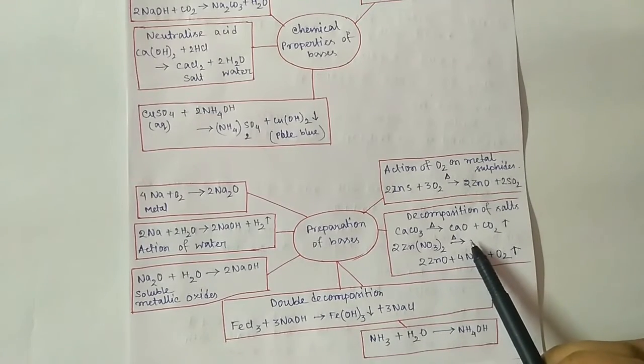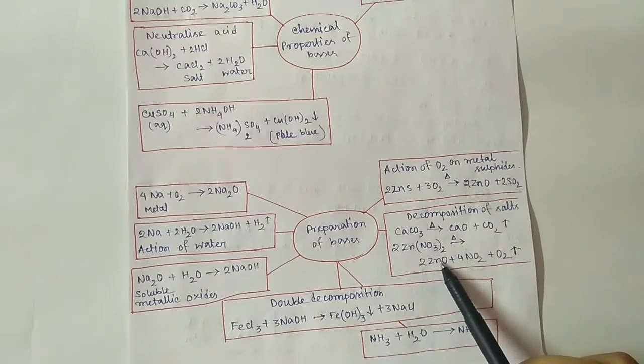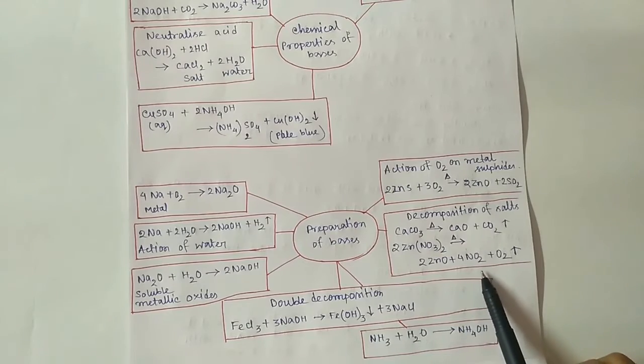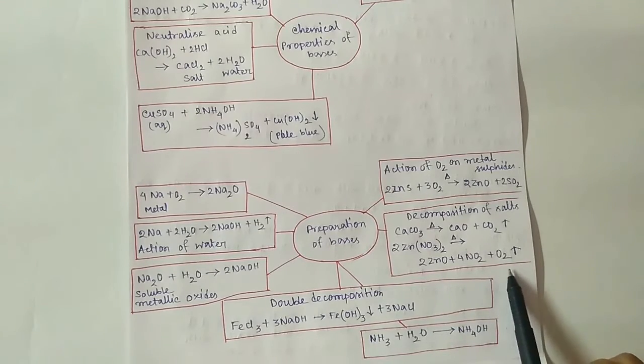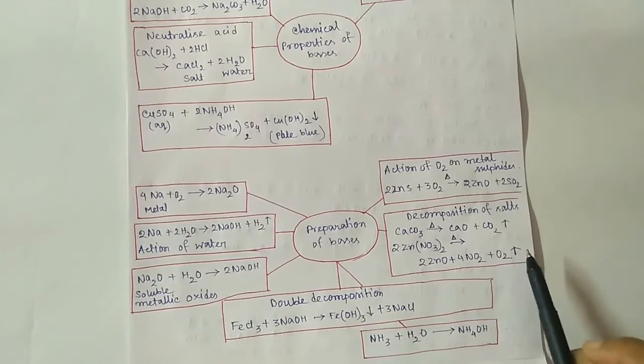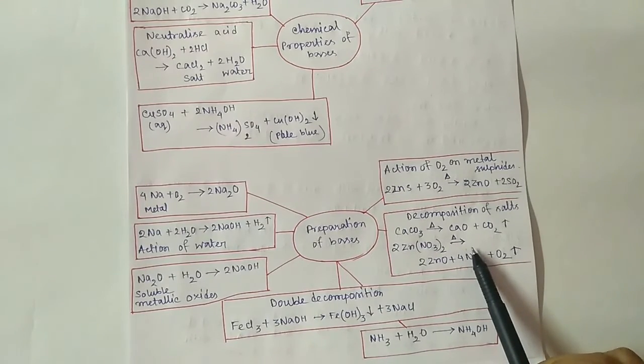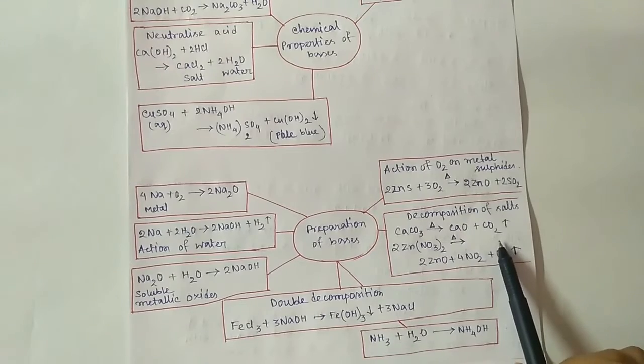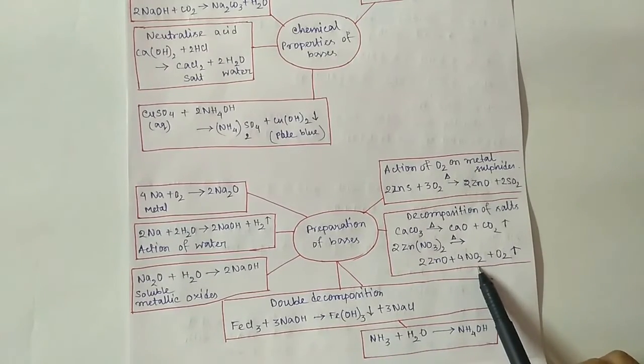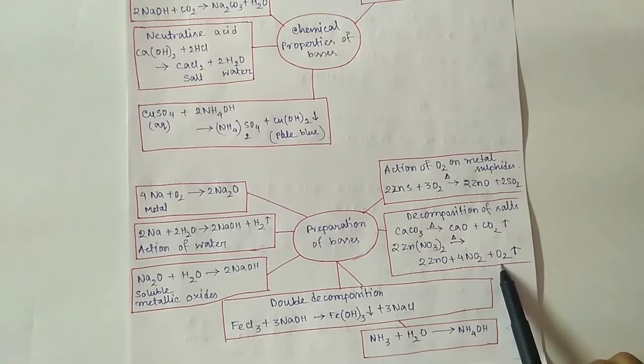CaO is calcium oxide and it is a basic oxide. Here you can see Zn(NO3)2, zinc nitrate, when heated produces ZnO, a metallic basic oxide, and NO2, nitrogen dioxide gas, and O2 gas. So this is the decomposition of salts where you get a basic oxide with a gas. Here it may be CO2 or it may be NO2, nitrogen dioxide gas, which is of brown color, and oxygen.